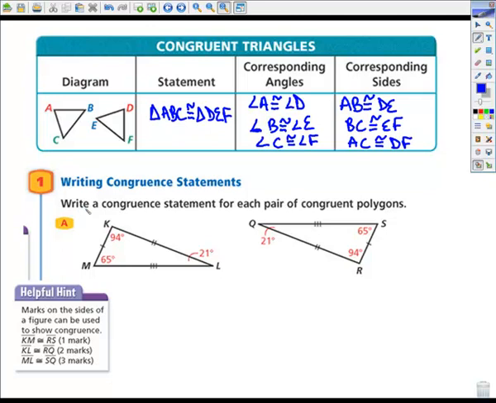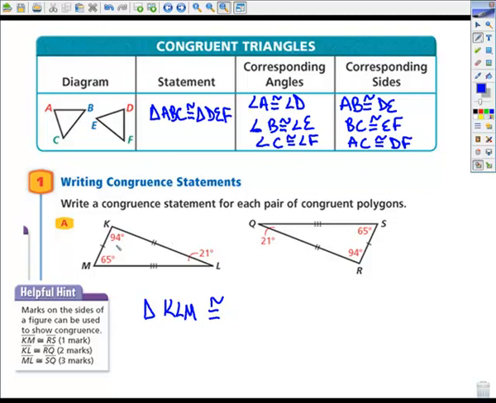So here they're asking us to write a congruent statement for each pair of congruent polygons. Well, here we have triangle, and I'm just going to write it in alphabetical order. So KLM. And I have to see now, I don't know necessarily if they're going to put this in alphabetical order.